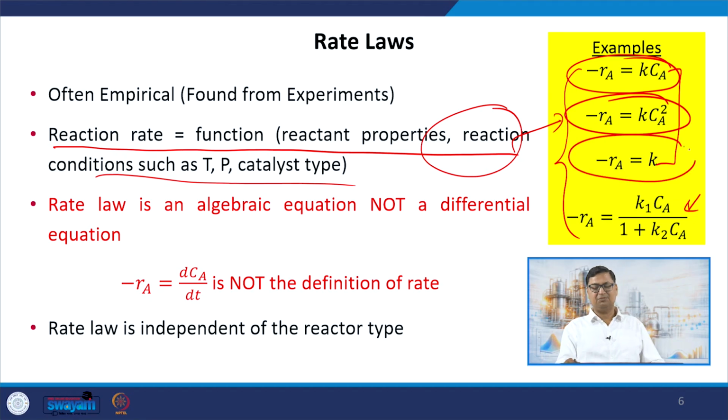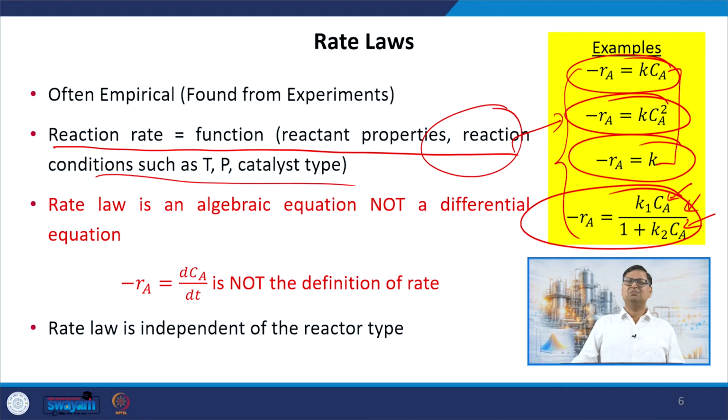Third one is an example of a zero order reaction, because there is no concentration appearing there. The last one, we cannot write it in terms of the order definition I have given. In this case, concentration appears both in numerator and denominator. Maybe some reversible reaction is happening or what not, but it cannot be expressed as a simple power law, right.